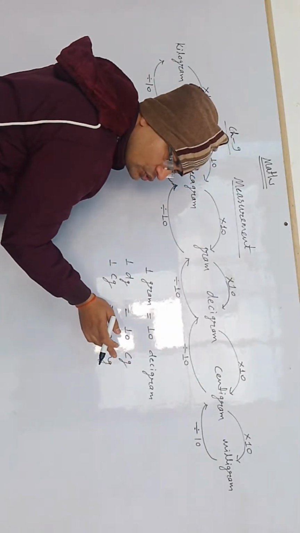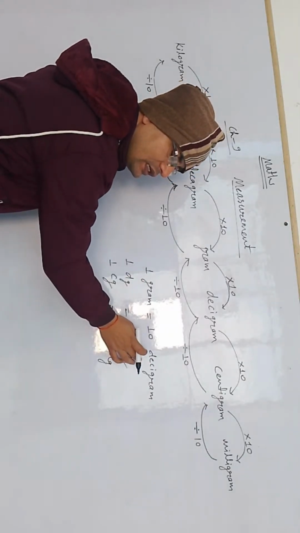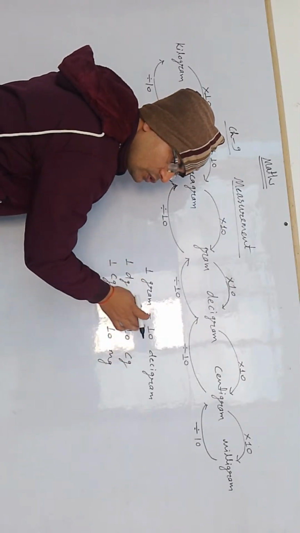Now let's change it. If I ask you that in 1 decigram there is how many gram? We know that 1 gram is equal to 10 decigram.